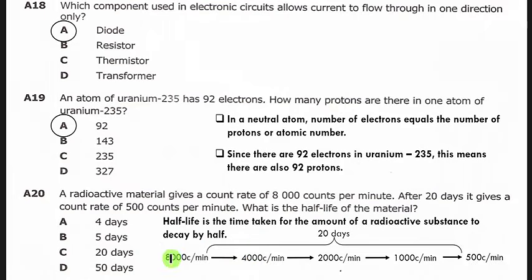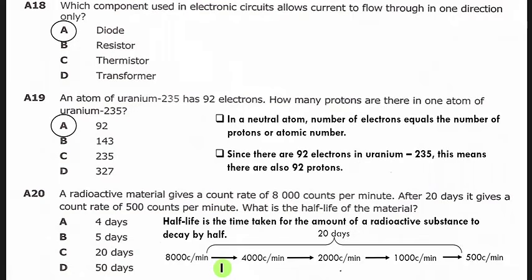Since half-life is the time taken for the amount of a radioactive substance to decay by half. For instance, the time it takes to decay from 8,000 to 4,000, because it will be half at 4,000, that time will be the half-life.